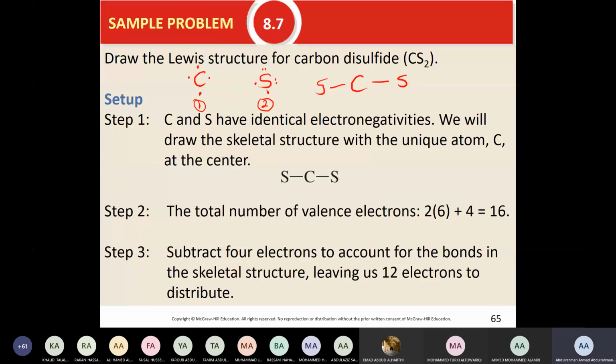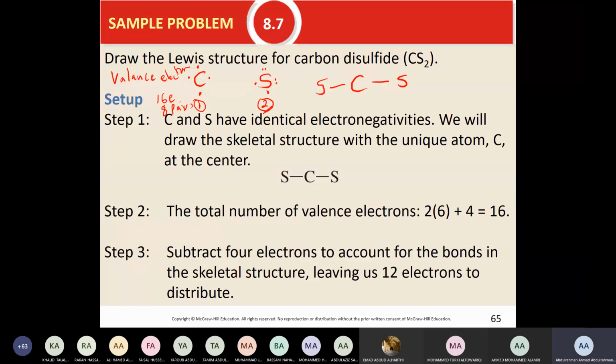I'm trying to calculate the total number of valence electrons: 4 from carbon, 6 times 2 from sulfur, 12 plus 4 is 16. I always like to make it 8 pairs. Why? Because it's easier to count.